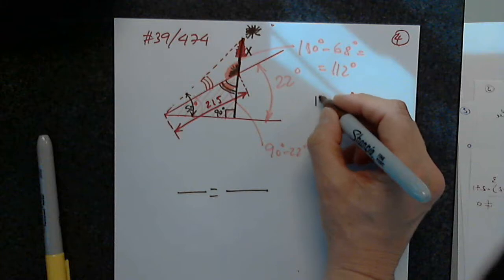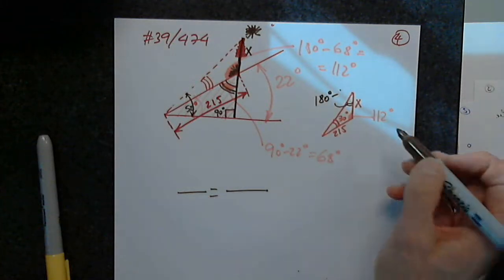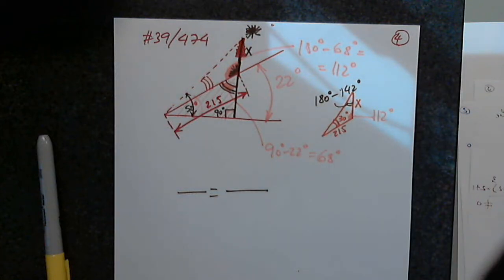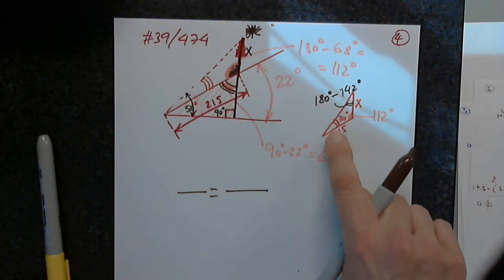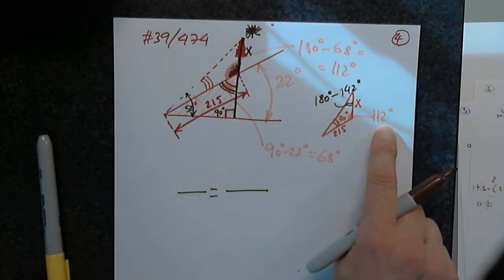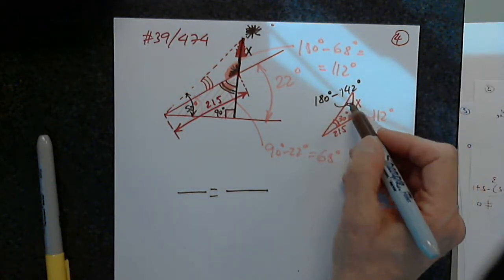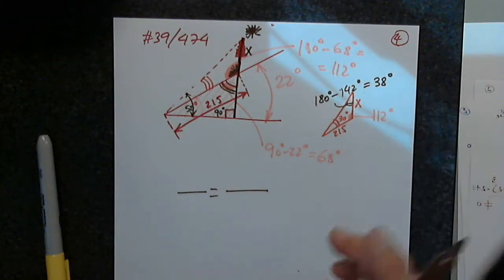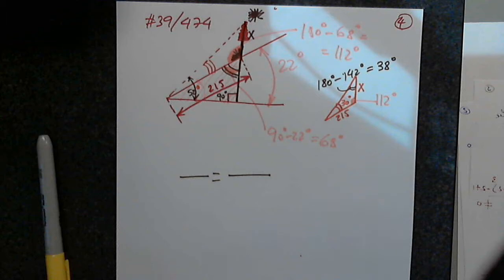So this is 180 degrees minus 142. So this is 30, this is 112. So 30 plus 112 is 142. 180 minus 142 will give us this angle, which is 38.